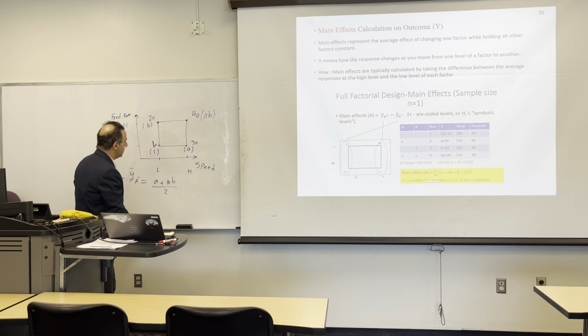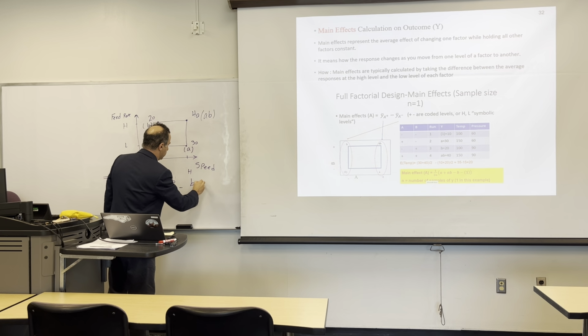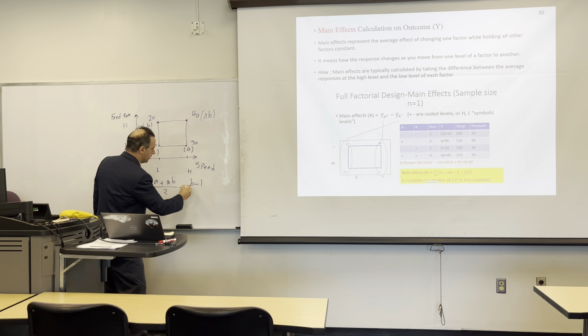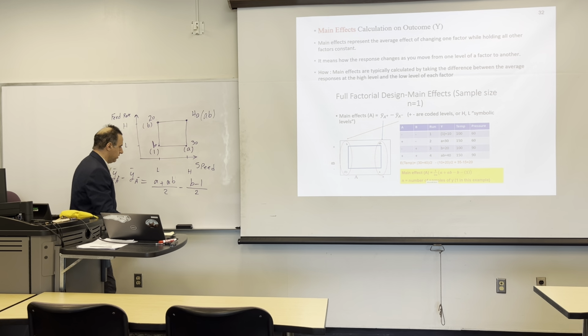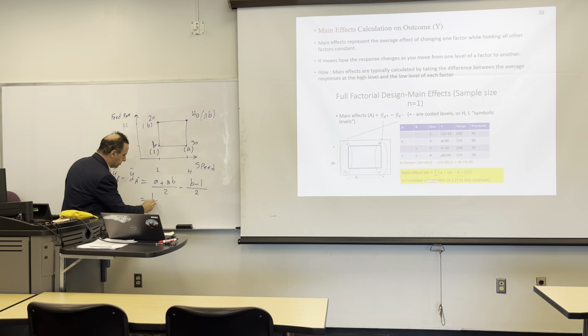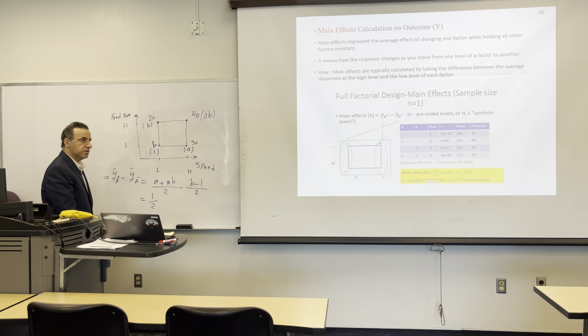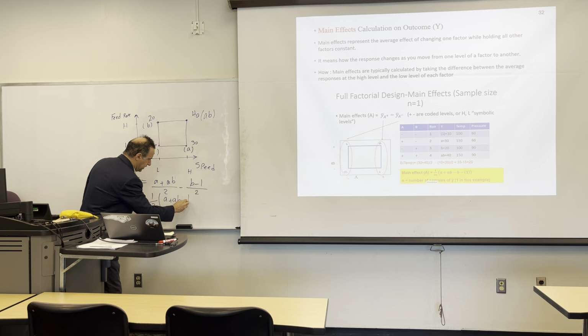Average of them minus B minus 1. We call this one 1. You can bring 2 outside, then you will have A plus AB minus B plus 1.